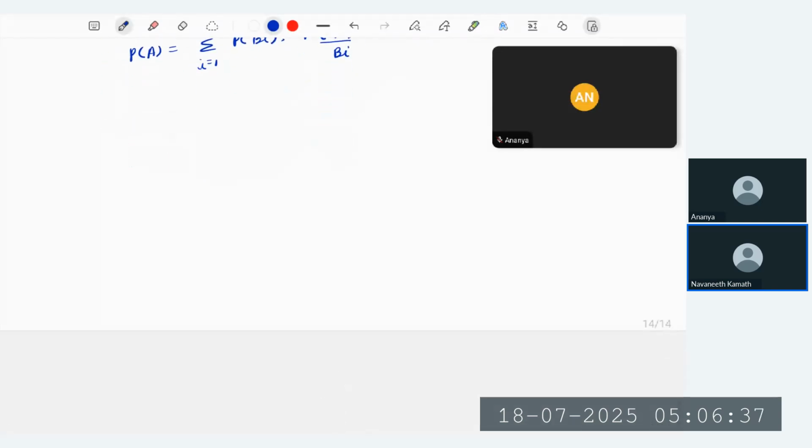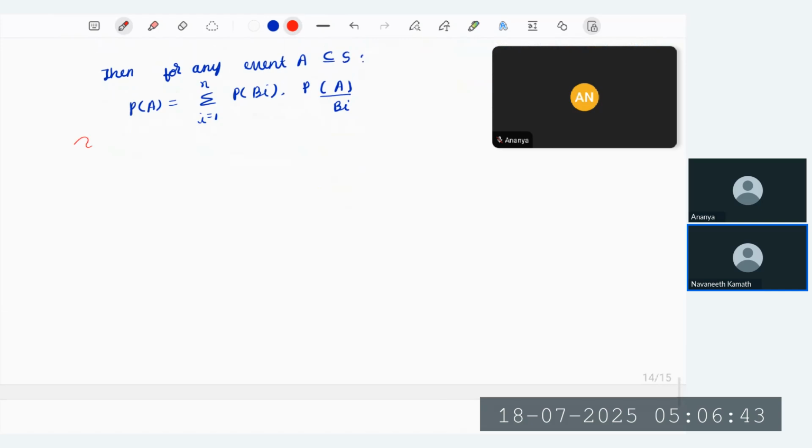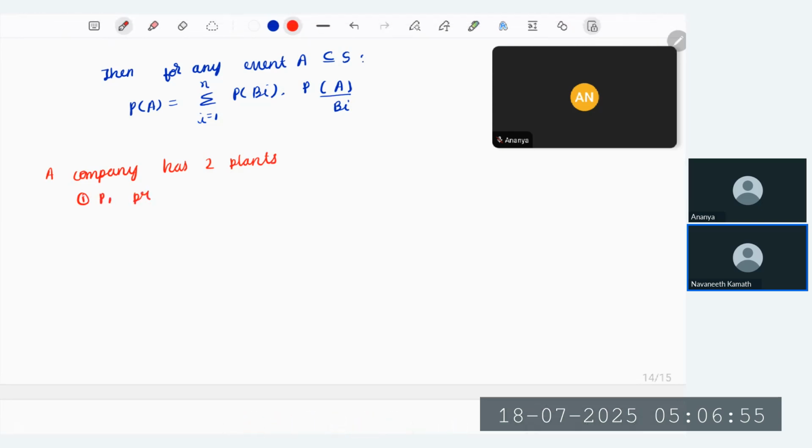Okay, take this question. A company has two plants, P1 and P2. Plant here means the manufacturing unit, not the sapling plant.